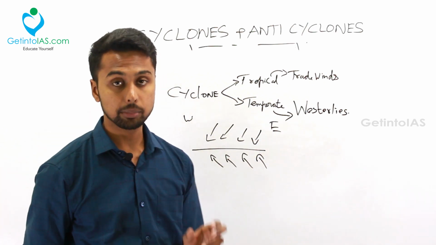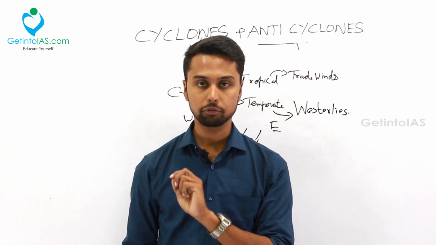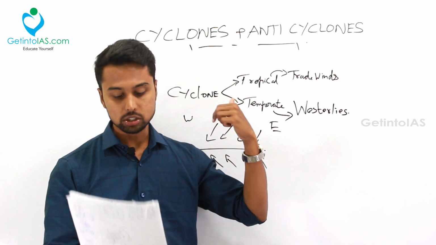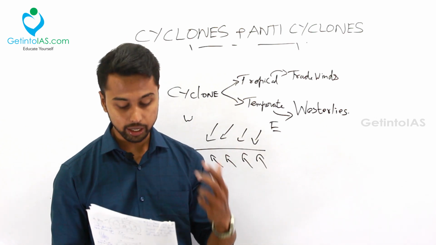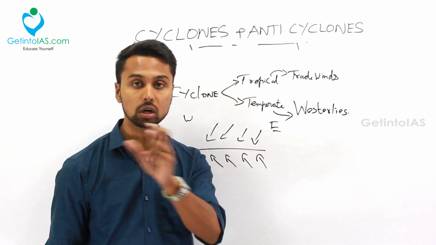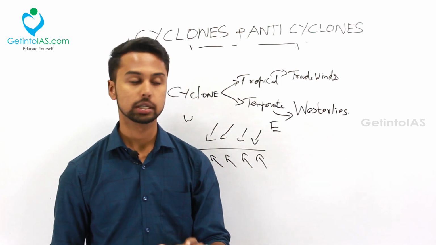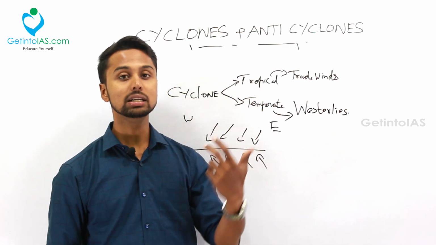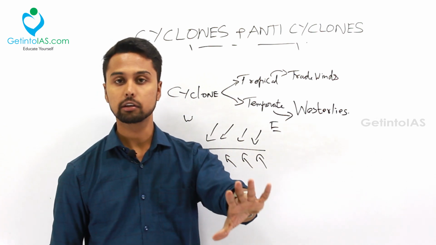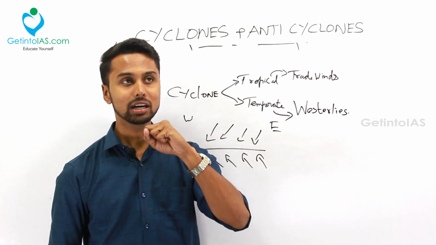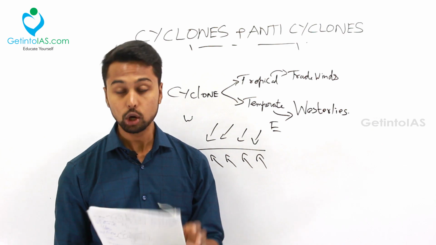The third difference is about the amount of rainfall. Tropical cyclones are associated with heavy rains on a smaller area for short duration. Heavy rain is there on a small area for a short duration, and the temperate cyclone will result in a long duration rainfall, but low rainfall only.